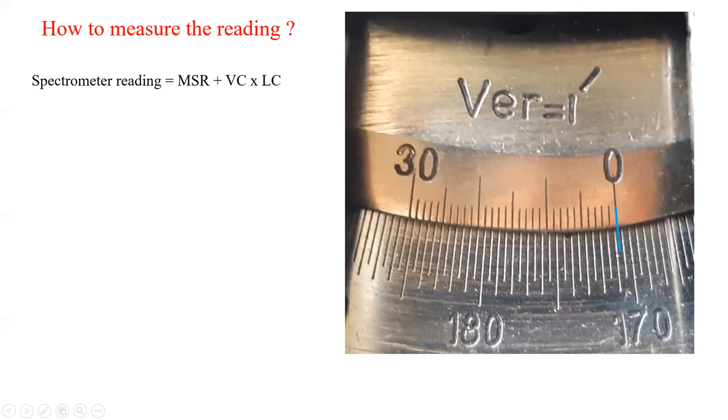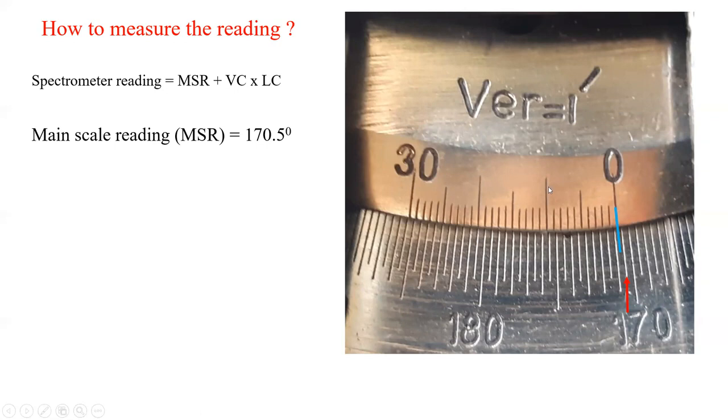Before the 0 of the vernier, what is the value on the main scale? This value is 170, and we know 1 division equals 0.5 degree. Therefore, the value on the main scale is 170.5 degrees. So the main scale reading equals 170.5 degrees.